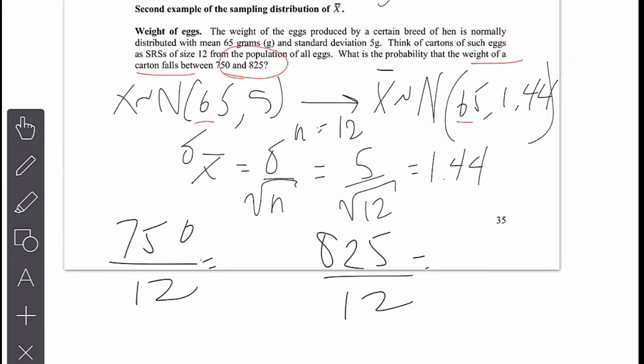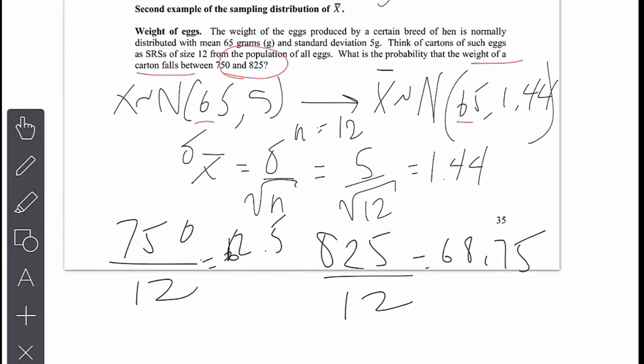So 750 divided by 12 is 62.5, and the other one is 68.75. You see, those numbers are much closer, much more meaningful in the range of 65.